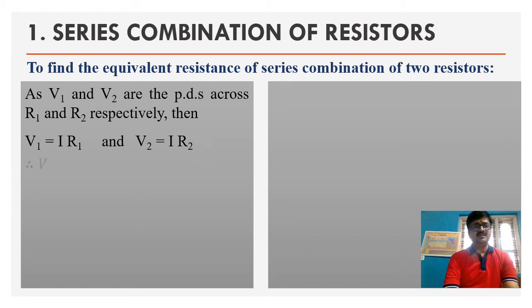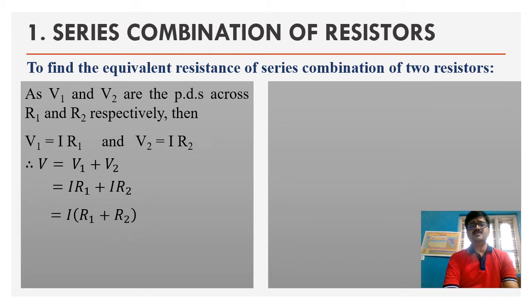Okay, then if we sum up V1 and V2, will we not get the total EMF delivered by the cell? So obviously V must be equal to the sum of the potential differences across the two resistances. So we have to write this down. Then we substitute V1 is equal to I into R1 and V2 is equal to I into R2, and thus we get the second step.